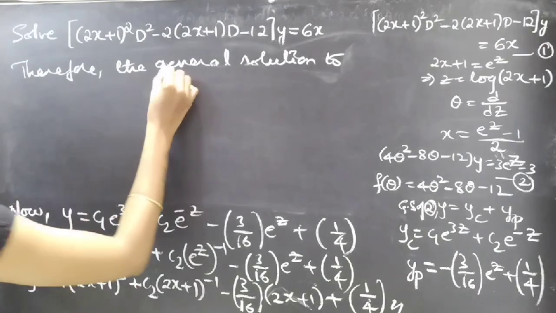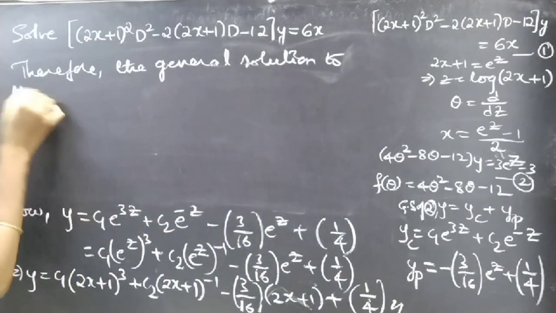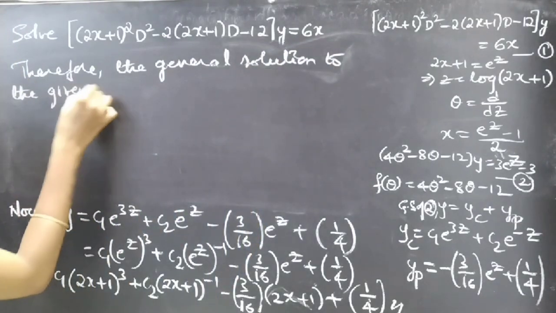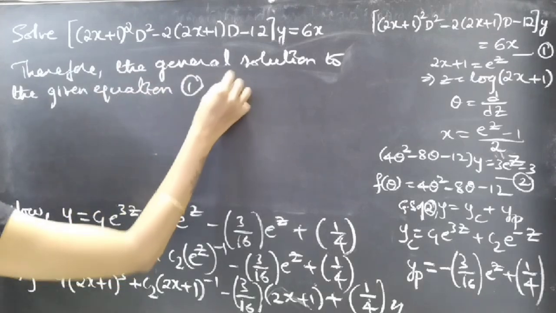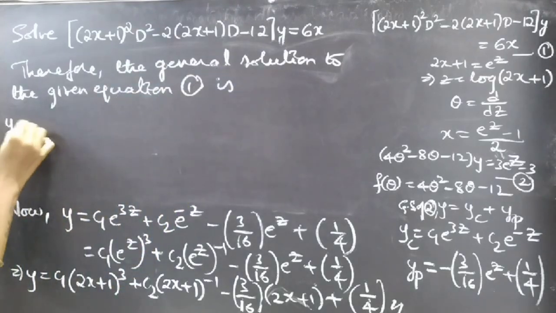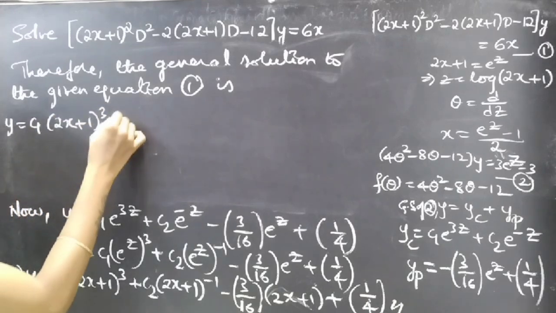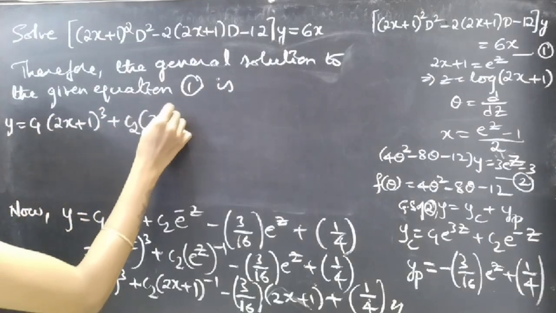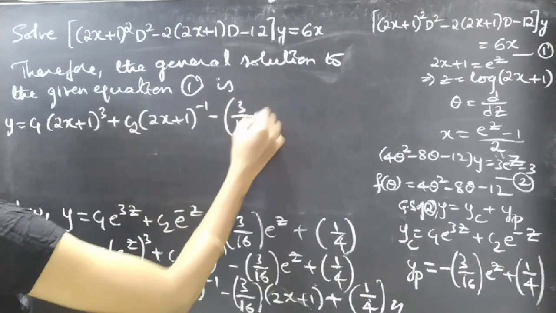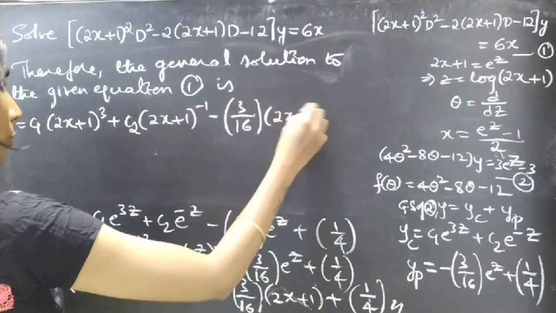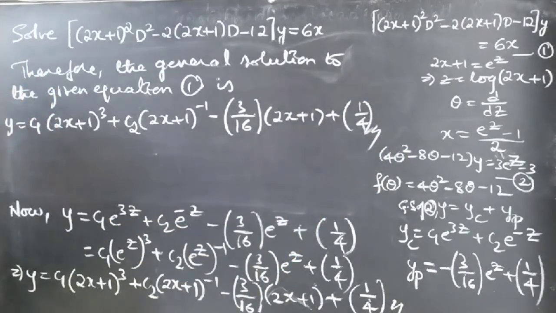Therefore, the general solution to the given equation, that is equation 1, is y equal to c1 into 2x plus 1 whole cube plus c2 into 2x plus 1 power minus 1 minus 3 by 16 into 2x plus 1 plus 1 by 4. This completes the problem.